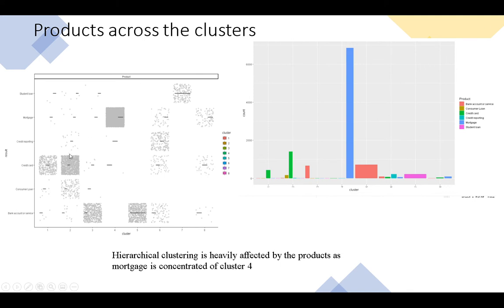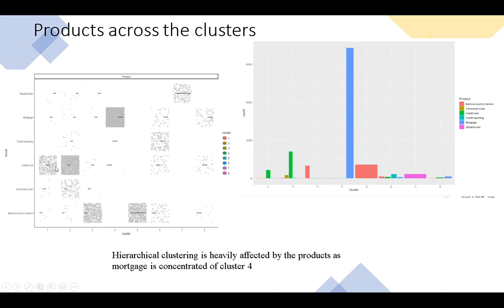This plot shows the distribution of products within the clusters. Inside these 8 clusters of the hierarchical model, after analysis, we discovered that the hierarchical model mostly follows the product clustering. Cluster 4 has the highest concentration of mortgage. Clusters 3 and 5 have the highest concentration for banking services.